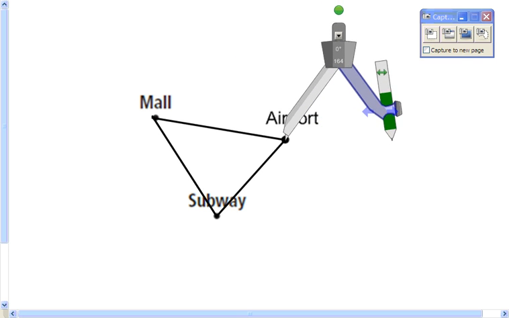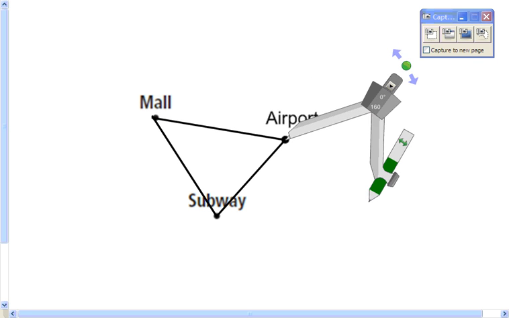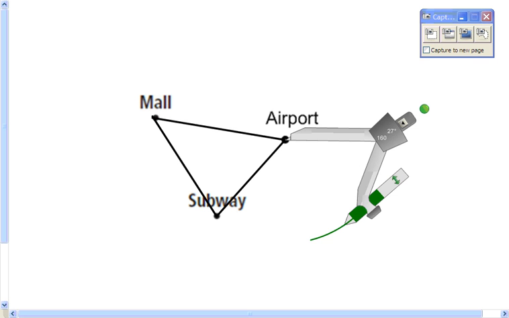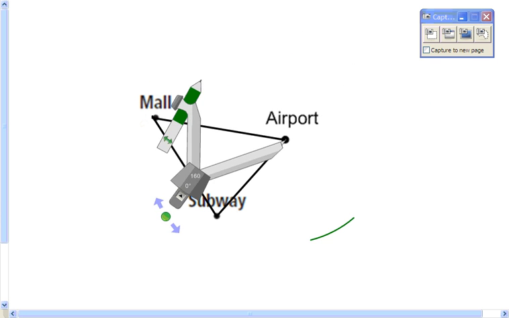To find that, I'm going to draw this line here, here, and also over here.